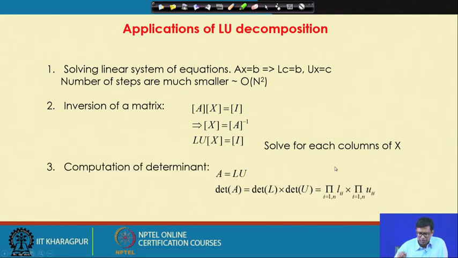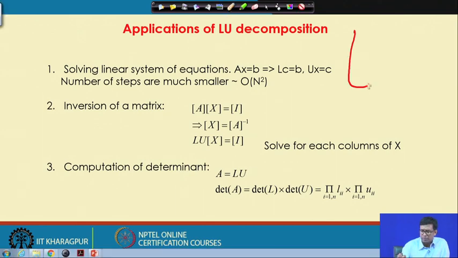The third application is also a very important application, which is computation of the determinant. We know A = LU. So, the determinant of A will be the determinant of L multiplied by the determinant of U. Now, L is a lower triangular matrix.